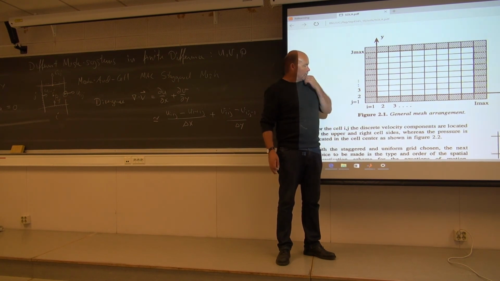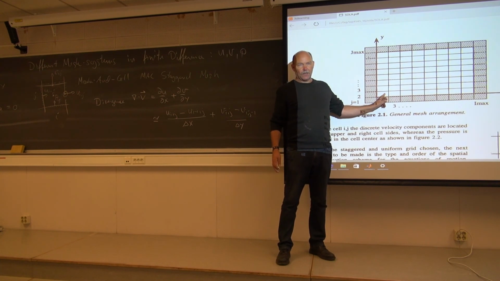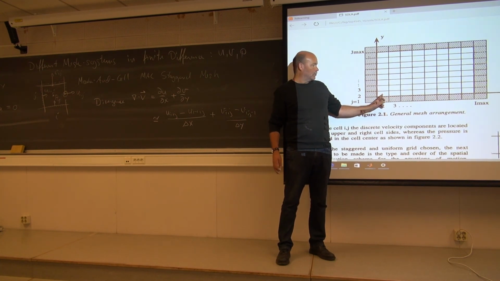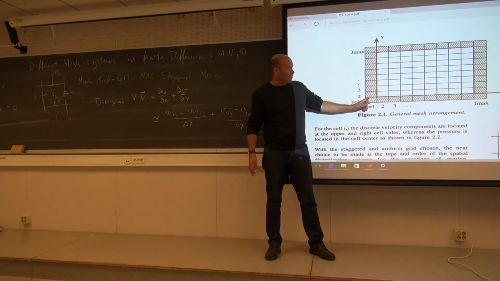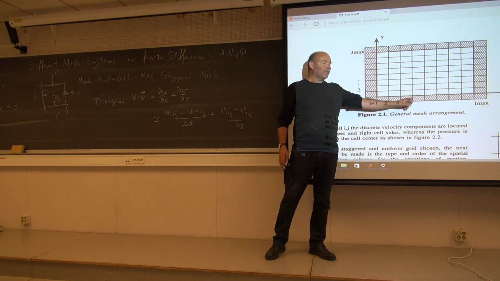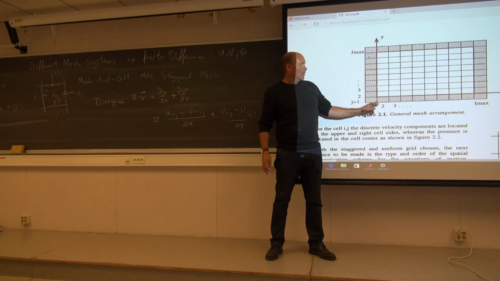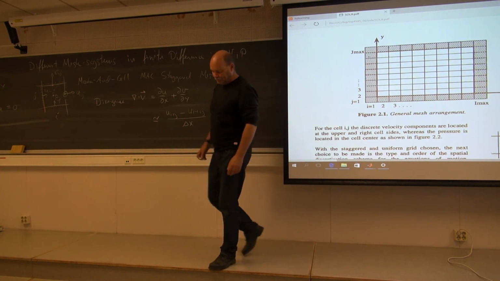The way it's been numbered, the i's and j's for all the cells, they are here. And the first live cell, that's this cell 2,2 here, because 1,1 is part of the ghost cells that we use for the boundary condition. So these are not real cells, they are fictional cells. We just use them for the boundaries.